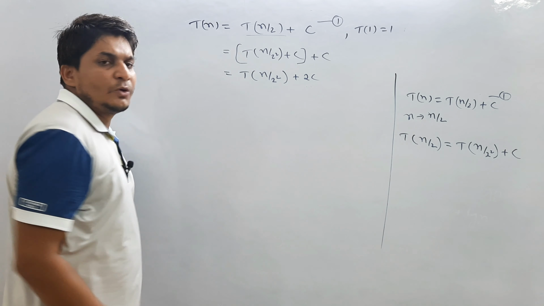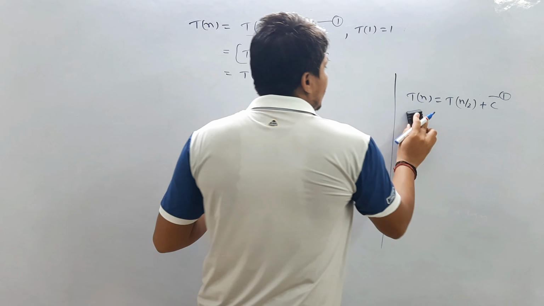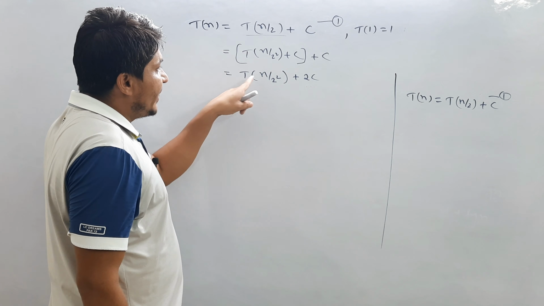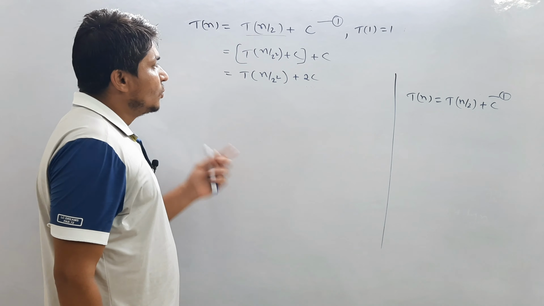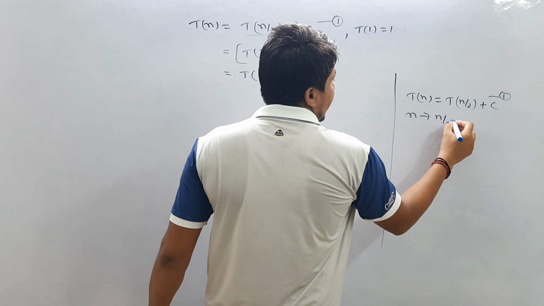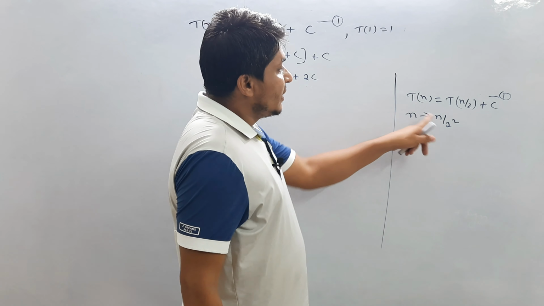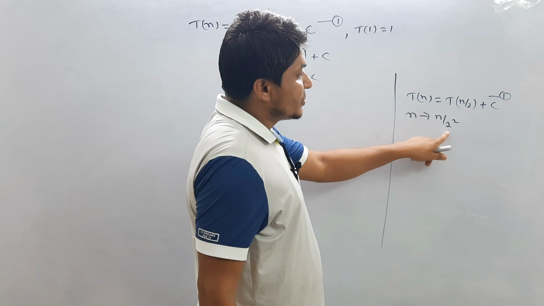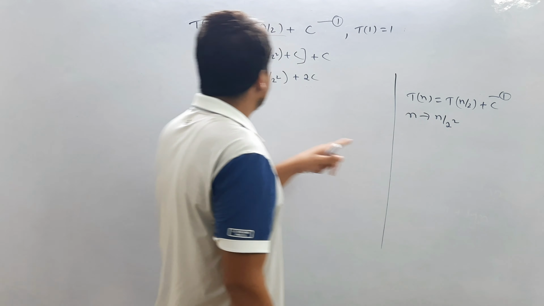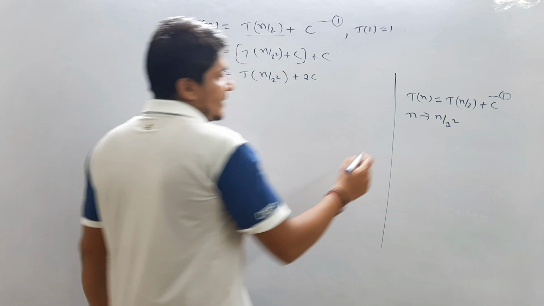Now let us substitute one more time, then we'll understand what series we are getting. This time I want to find the value of T(n/2^2). So I can simply replace n by n/2^2 in equation number 1, and then I'll be able to get the value of T(n/2^2). So T(n/2^2) equals T(n/2^3) + C, since 2 is already there. Now let us substitute.